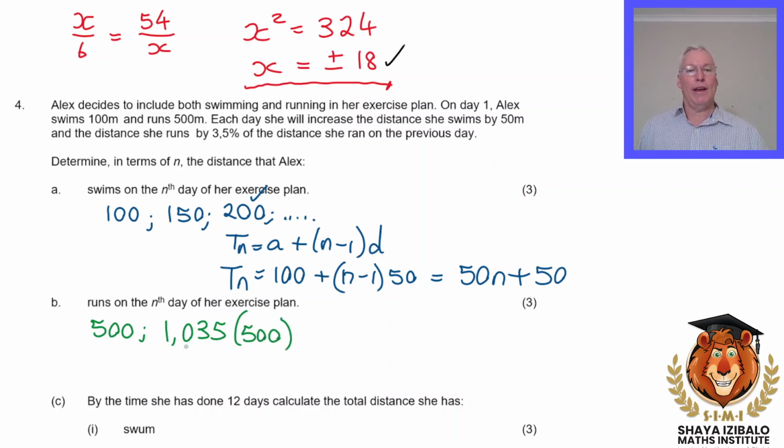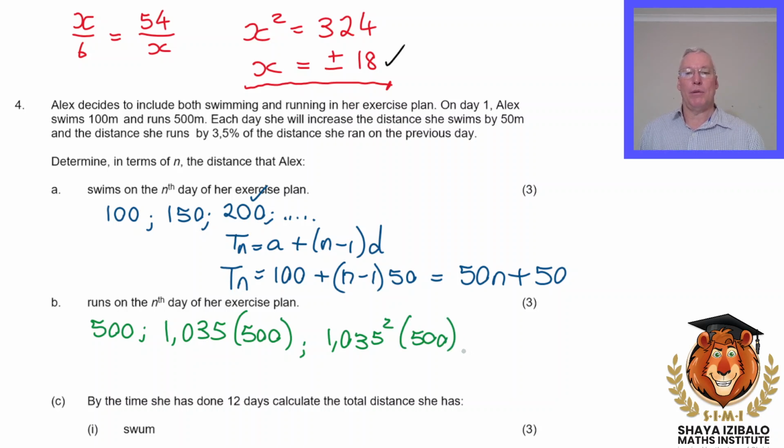Just to reinforce that, this number here is actually 103.5%. All right. So on the next day, she runs 3.5% further than that. So what's going to happen is we're going to multiply by 1.035 again. All right.